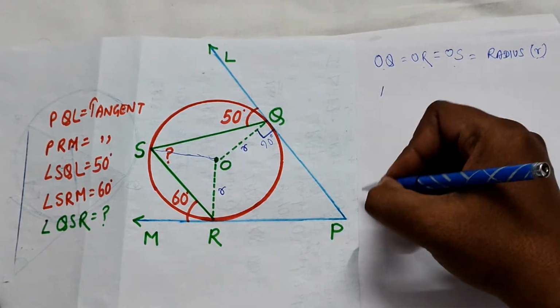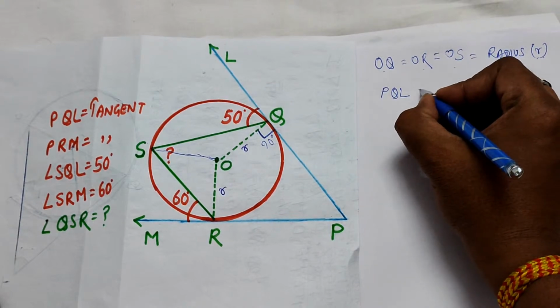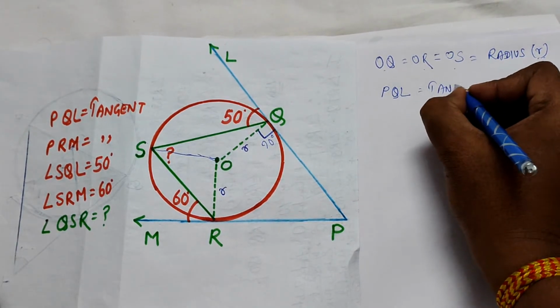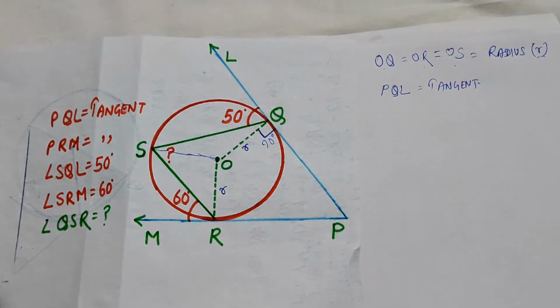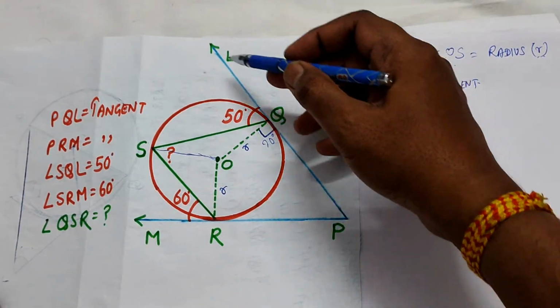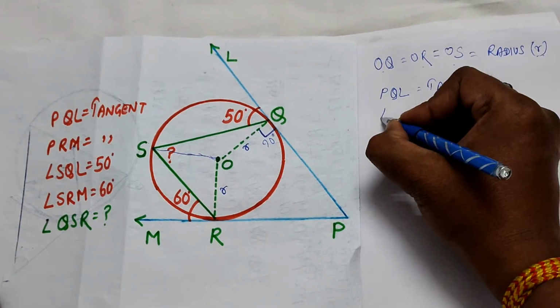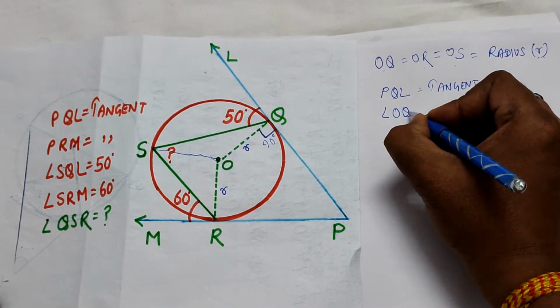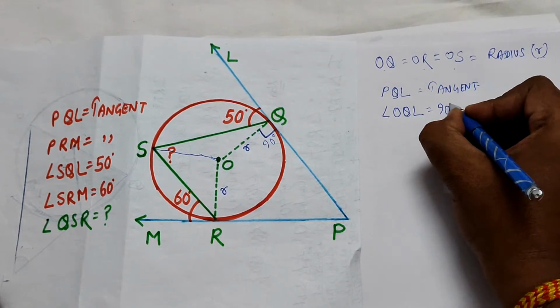Since PQL is tangent to the circle at Q, then we can say angle OQL as 90 degrees. So let's say angle OQL equal to 90 degrees.